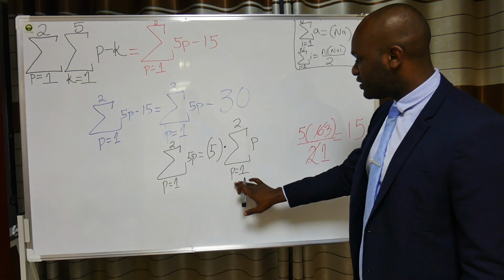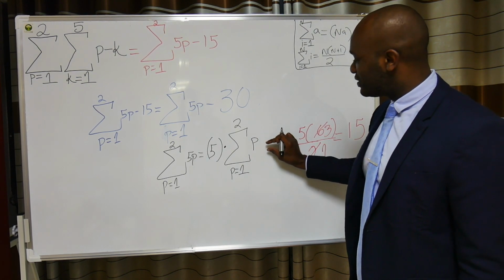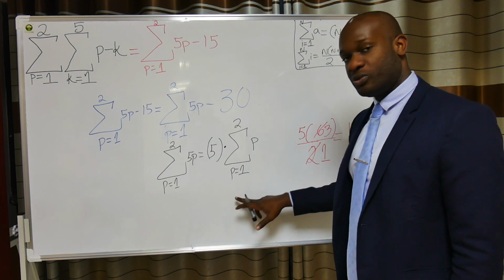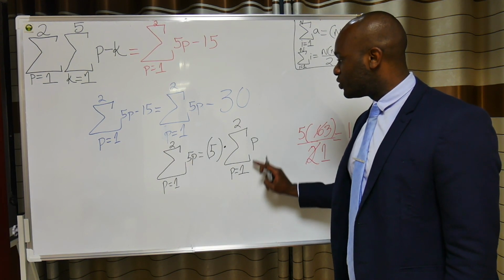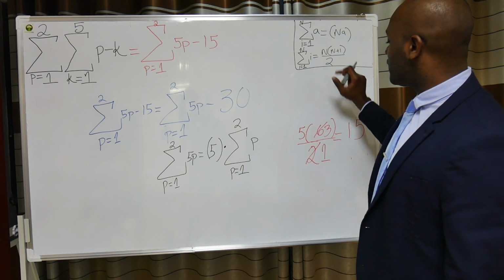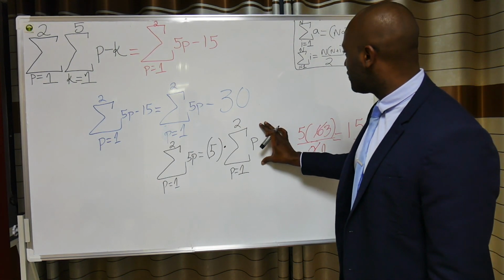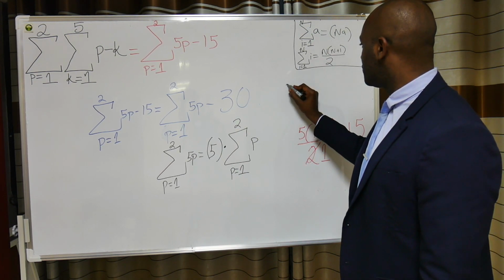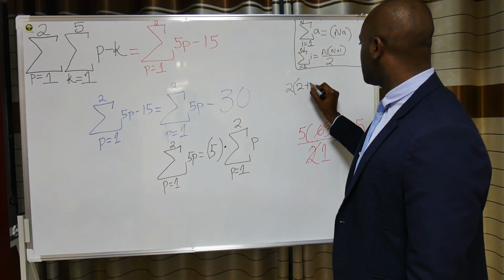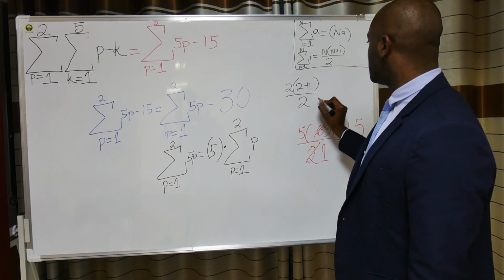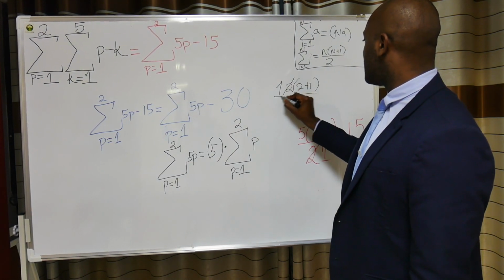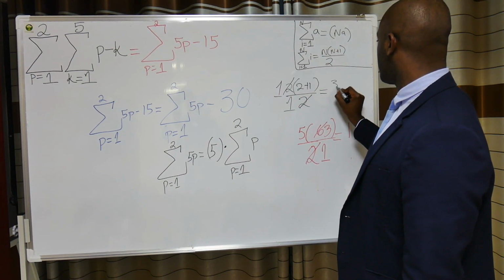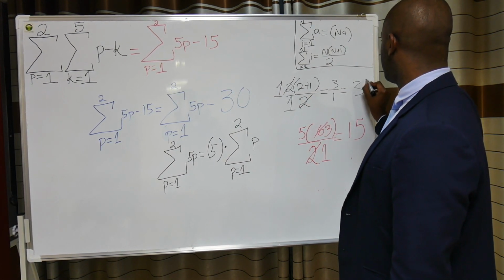Again, our counter is what's being operated on. So we have the summation of p, which is our counter, from p equals 1 to 2. We can use this formula again to solve it. So this is going to be equivalent to 2 times 2 plus 1 over 2, and we can simply simplify, and it is equivalent to 2 times 3 over 2, which is equivalent to 3.